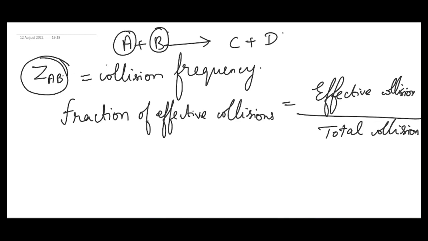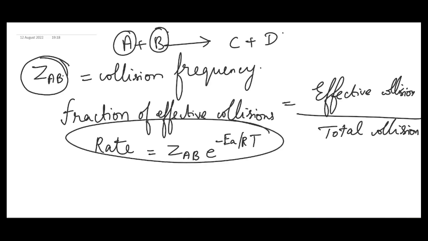Now, is this the final equation for the collision theory, which is rate is equal to ZAB into e power minus EA by RT? The answer is no. It is because one more factor is involved here, which is the steric factor. We generally use that term in organic chemistry where we learn about stereochemistry.